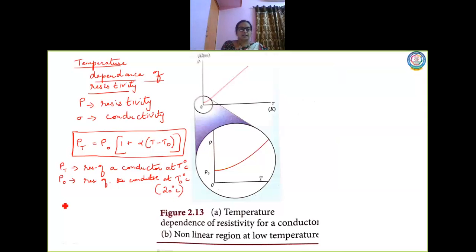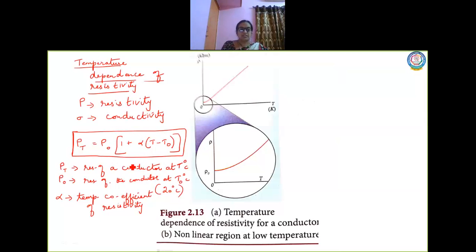And you have what is called alpha. Alpha is nothing but the temperature coefficient of resistance. Very, very important formula, children. Temperature coefficient of resistivity or also resistance. So when you vary the temperature, the resistivity of the conductor will increase, as given by this formula.